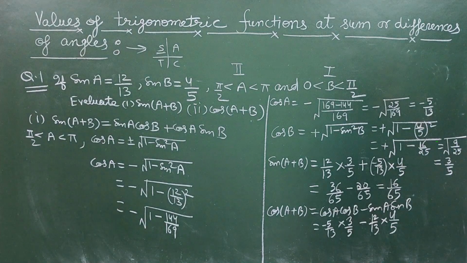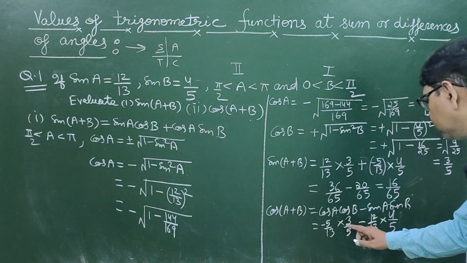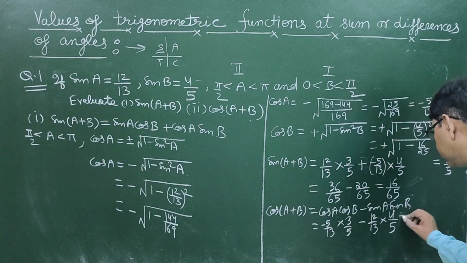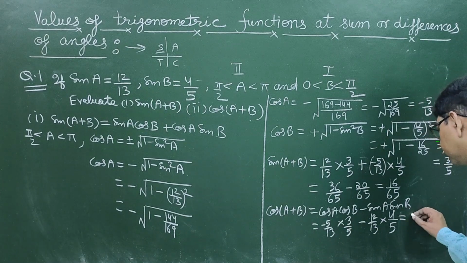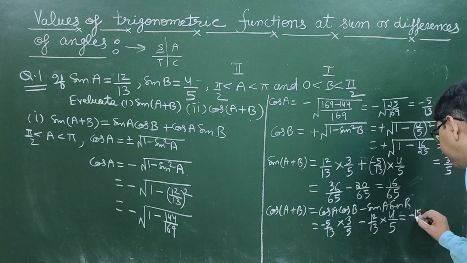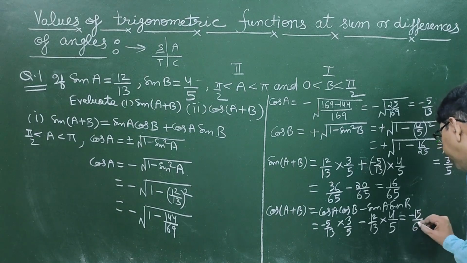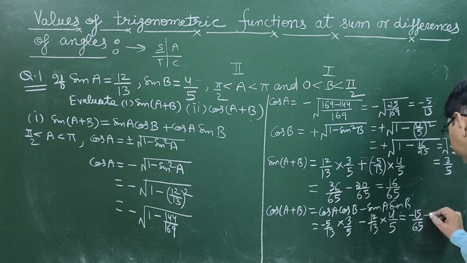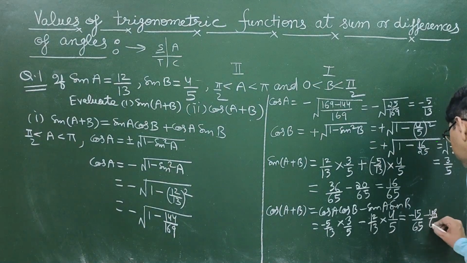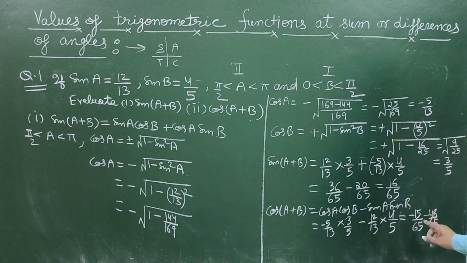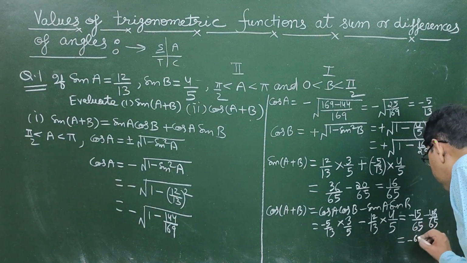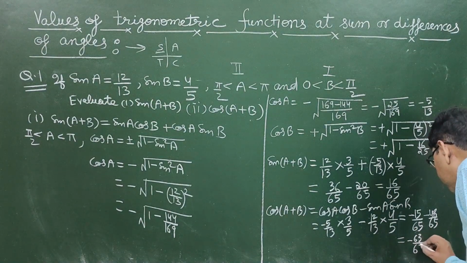So this is equal to minus 5 into 3, which is minus 15 upon 65, and minus 12 into 4, which is minus 48 upon 65. On adding minus 48 and minus 15, this is equal to minus 63 upon 65.